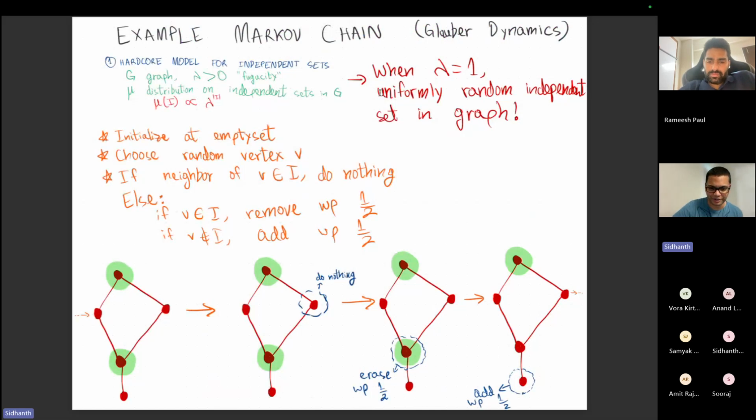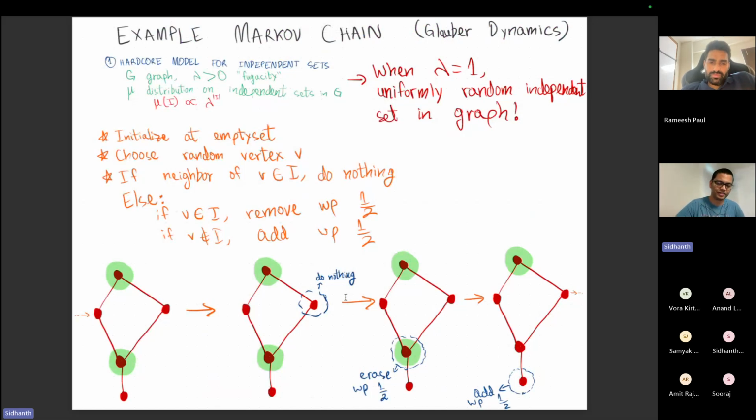And here's just a run of the Markov chain for 3 steps, just to give you a sense. So here the vertices that are highlighted in green are the independent set that I have at a certain time. And now I choose this red vertex that is circled in blue. Now this red vertex has at least one neighbor which is in the independent set.